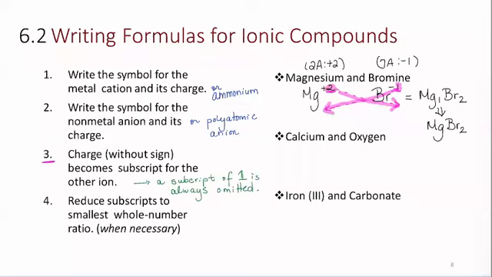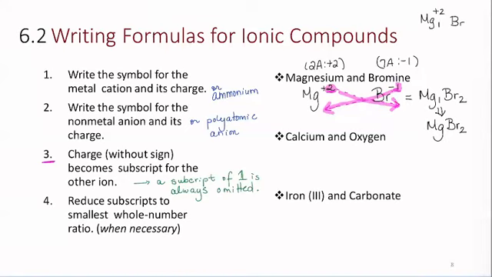Put a 1 in the chat if the first example makes sense. Mathematically, we can rationalize why we do this exercise. Ionic compounds have an overall charge of 0. So if I rationalize it, Mg, when I have only one of them, has a charge of +2.